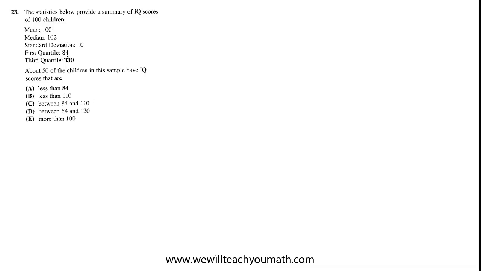And the first quartile and the third quartile, those are important for this, so let's talk about those. In general, if you have a set of data, you can break it up. So let's say you've calculated the median. Then the interquartile range is between the first and third quartile.